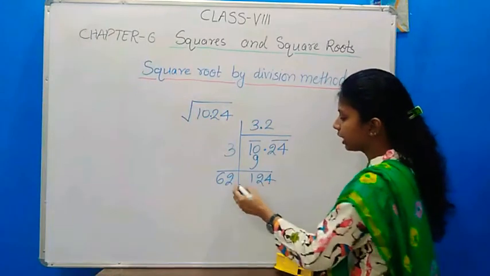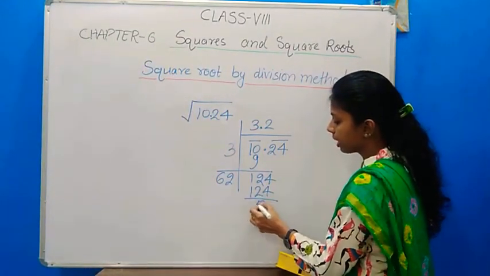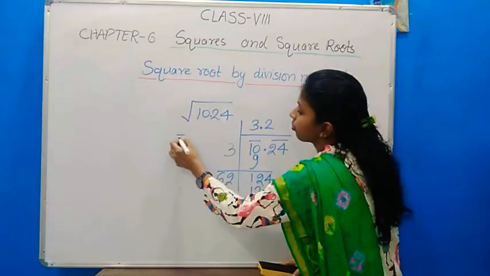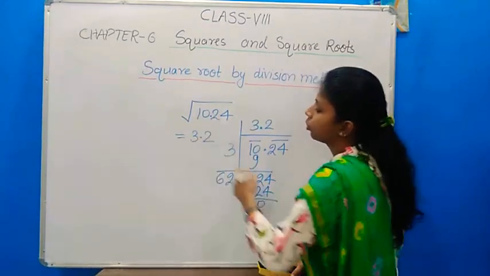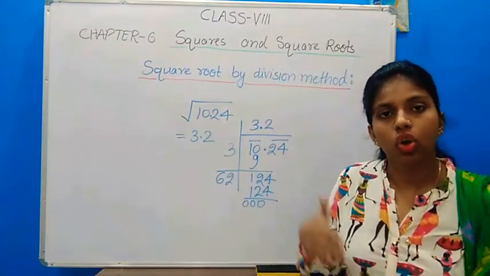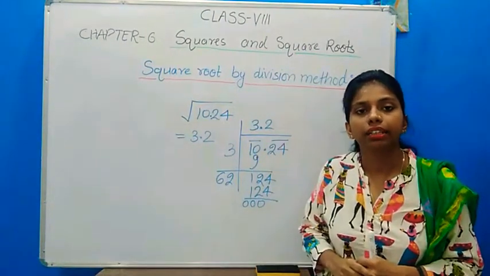So what do we get here? It is 124. So the remainder will be 0. So our answer is 3.2. Okay, so this is the method to find the square root of any number by the division method.